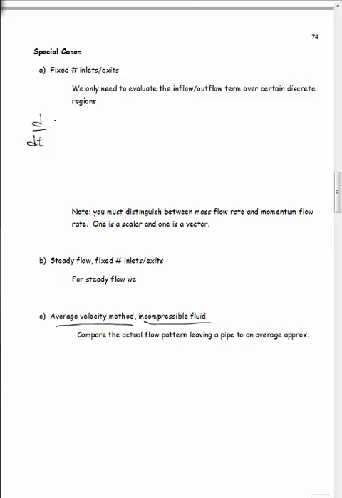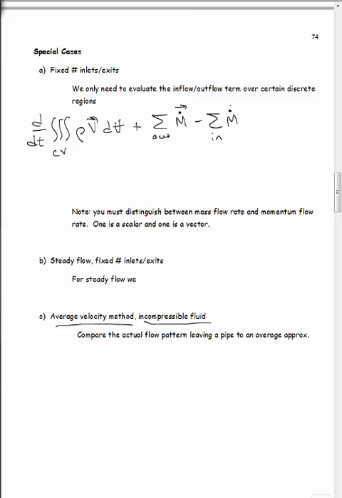So we still have this unsteady term, d/dt over the control volume, rho V d volume, plus, and what we're going to do here is call this the sum over the outlets of our momentum flux term, big M dot vector, minus the same thing over the inlets.